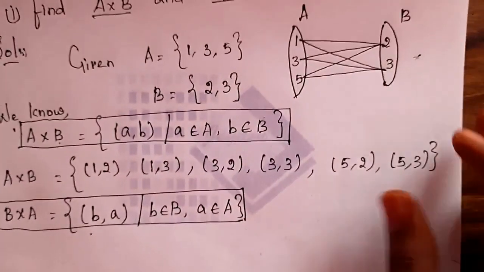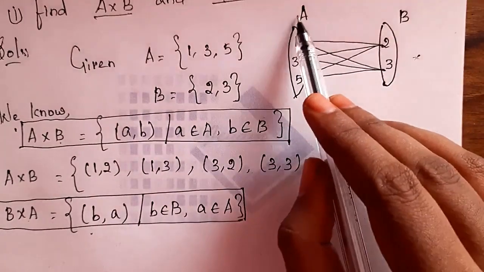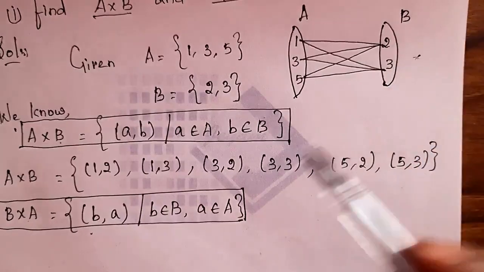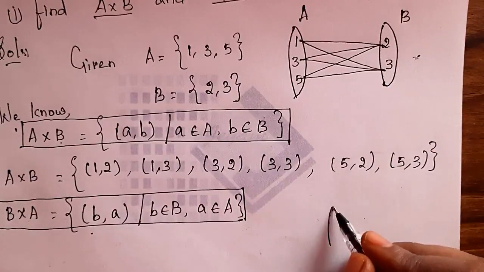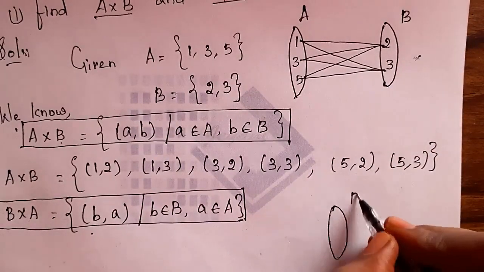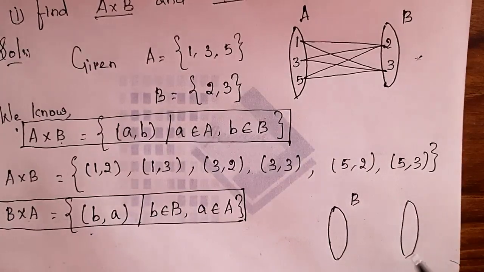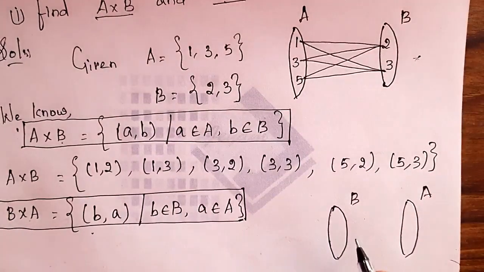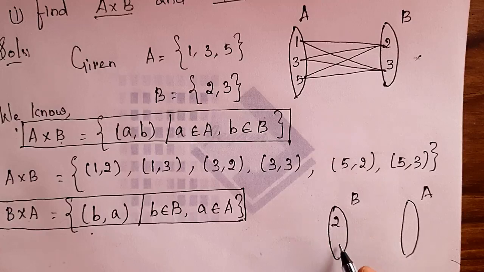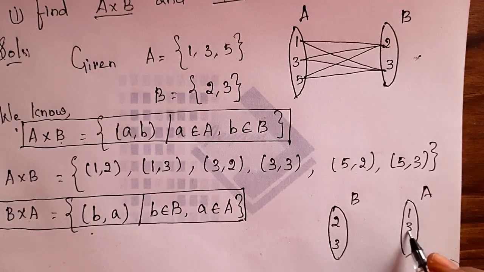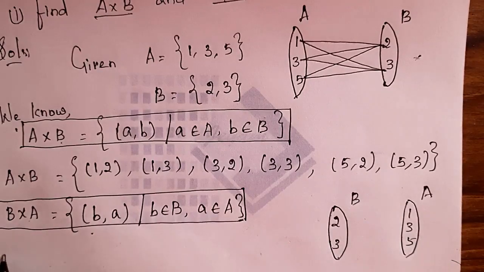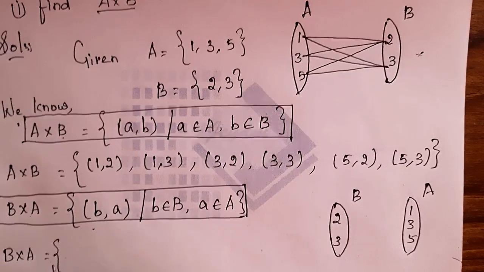Here you drew the figure as A and B. First one will be B, next one will be the A set. Don't forget it. So B elements are 2 and 3. A elements are 1, 3, 5. So B cross A, we are going to write this set of all.